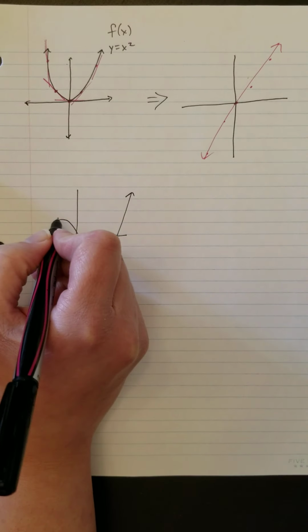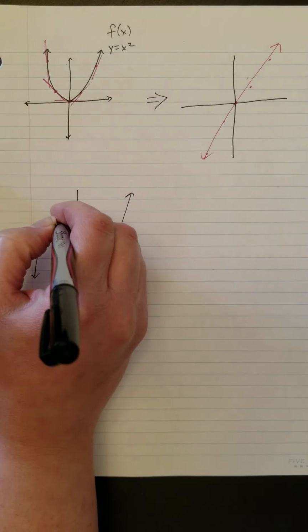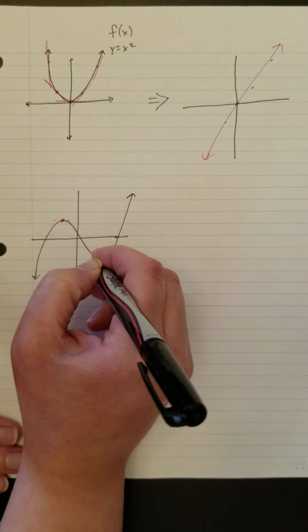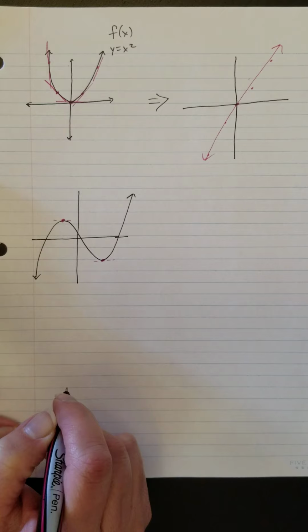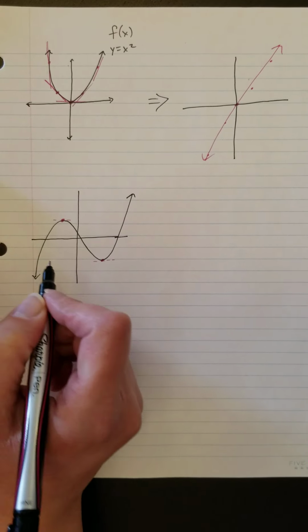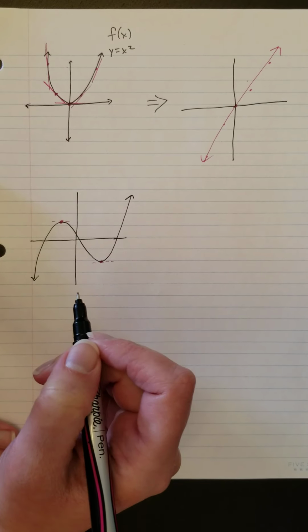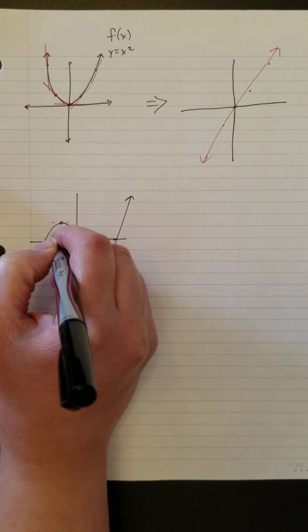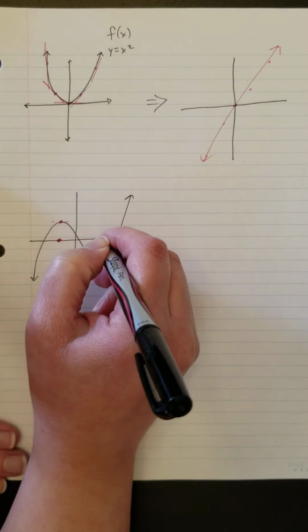First of all, we would know that at these turning points, so here and here, we've got a slope of 0. So for this one, I'm just going to sketch the derivative on the same axis. So here we would have a slope of 0 and a slope of 0.